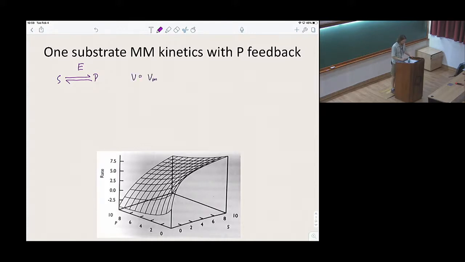You just need to write this out, it is 2 half reactions. The Km for S minus Vmax reverse P and the P plus the Km for P. All right? And so this sets up a tension between backwards and forwards.